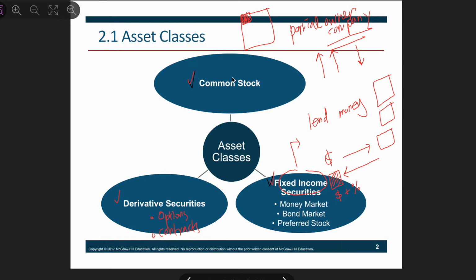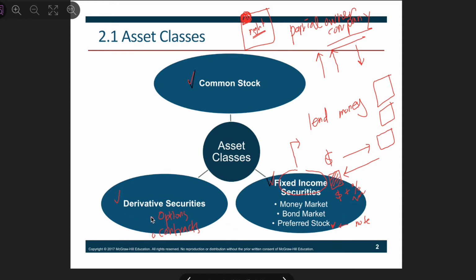And as a partial owner, you have the voting right. That is the main difference between common stock and preferred stock. Preferred stock is in the form of a note: you lend money, they borrow the money from you, and they give you the paper with some interest written.